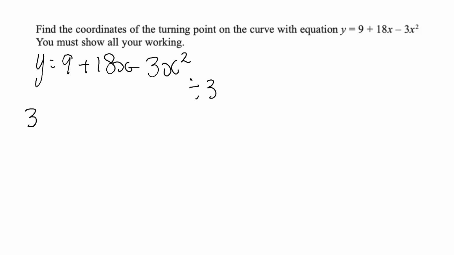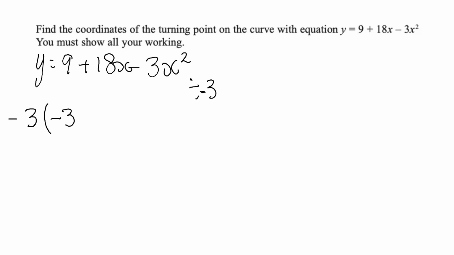Now we actually have to have a positive x squared as well for completing the square. So we're going to divide by negative 3. So we're going to take negative 3 outside of a bracket. That means inside my bracket, to get positive 9, I'm going to have negative 3 inside.